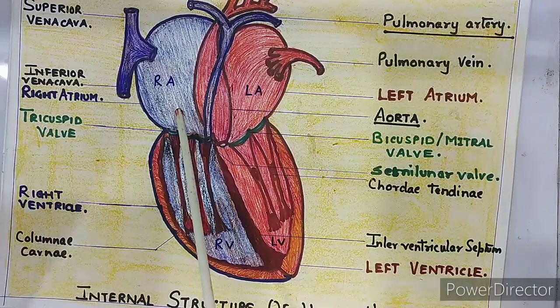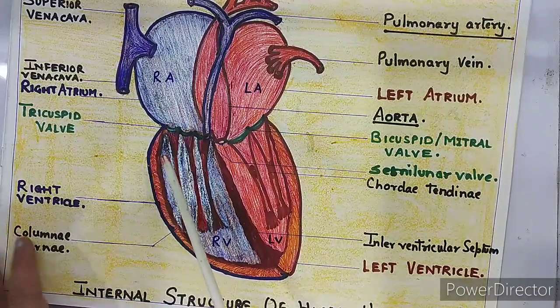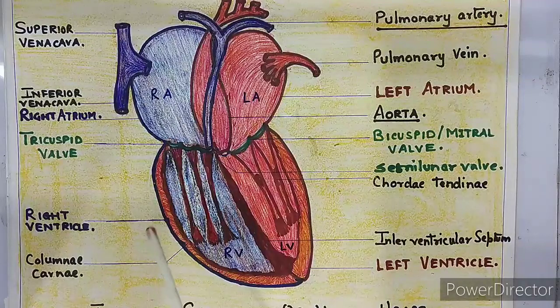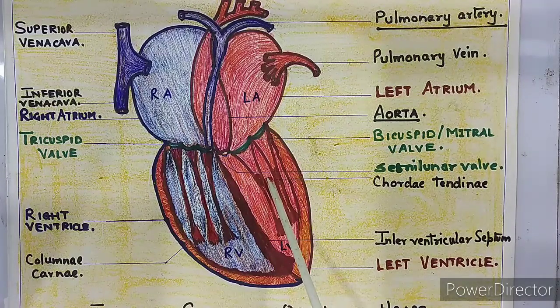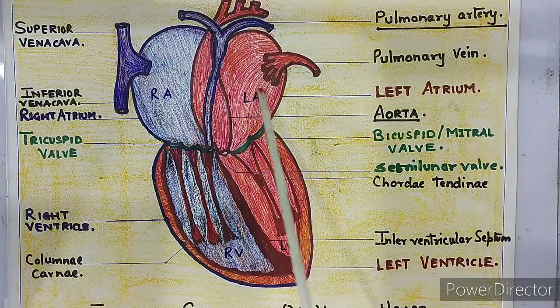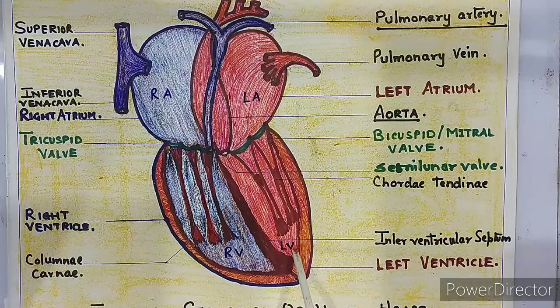So we call this blood the impure blood or the deoxygenated blood. Whereas if you focus on the left side of the heart, the left side receives and contains oxygenated blood, that is pure blood.